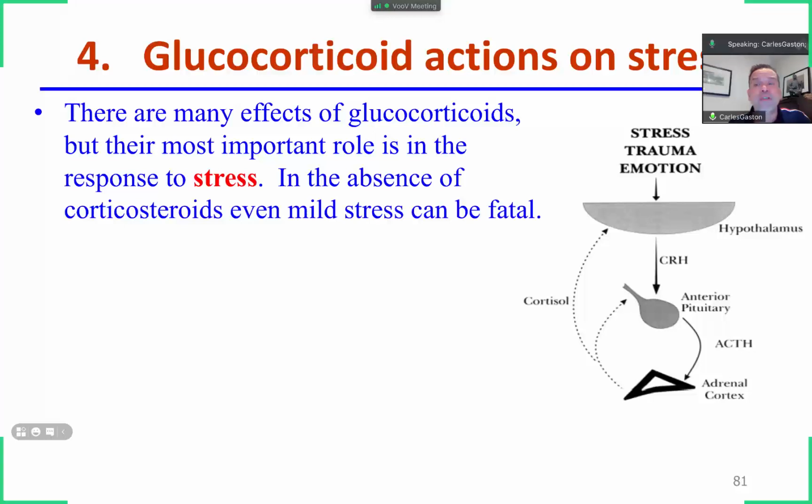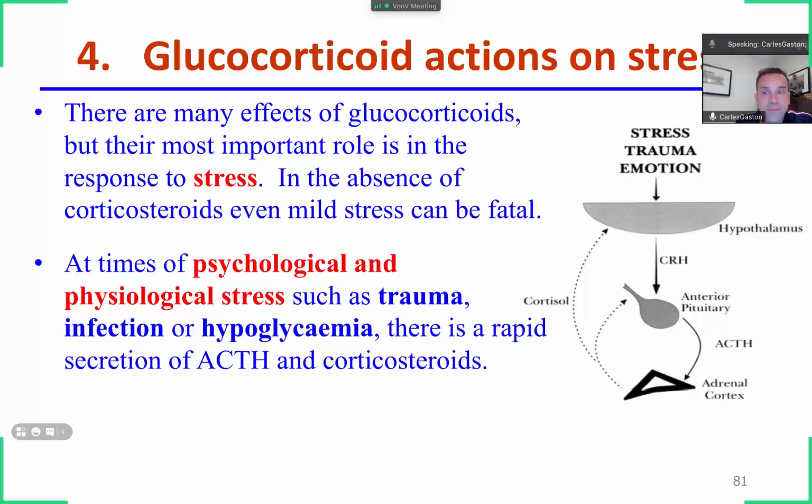And in the absence of corticosteroids, even a mild stress can be fatal. What do we mean by this? That if you don't have any corticosteroids, some little effects or trauma can be fatal to the organism.